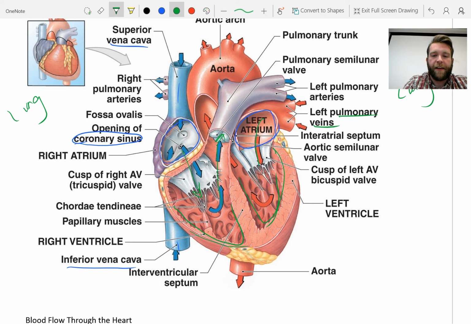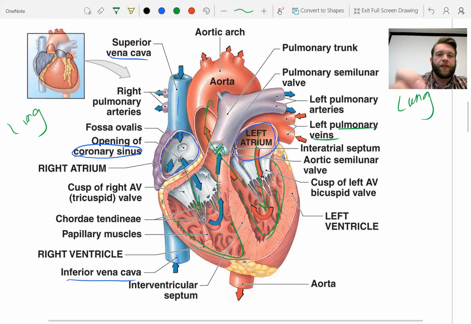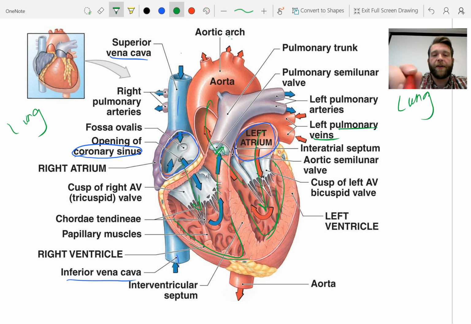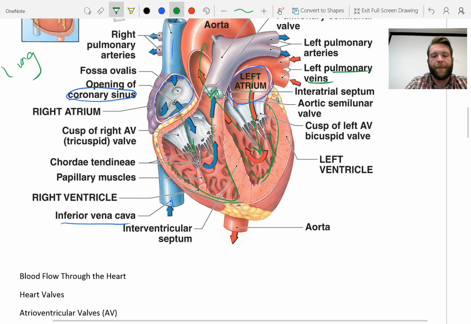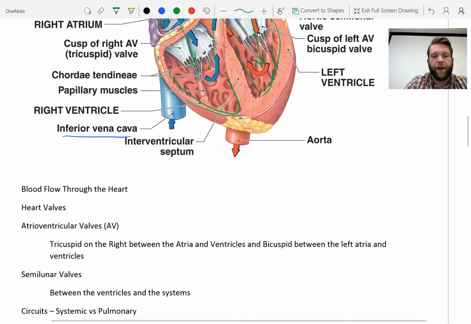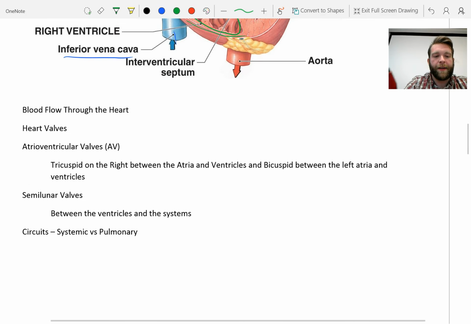They're going to enter the left atrium, go into the left ventricle, and then back out through the aorta. Okay, so through our aortic arch to our brachiocephalic, our left common carotid, and then our left subclavian.